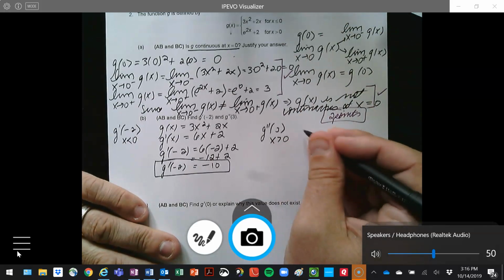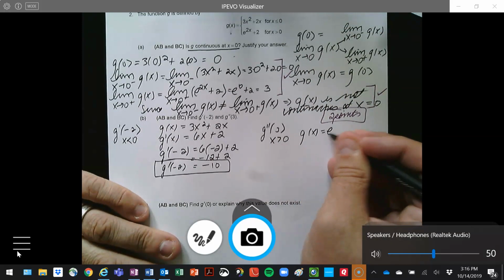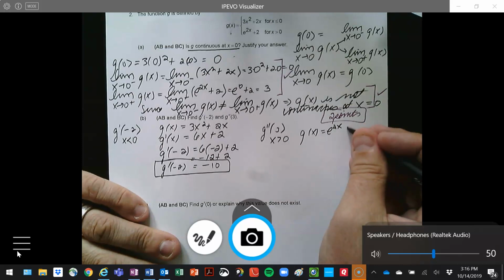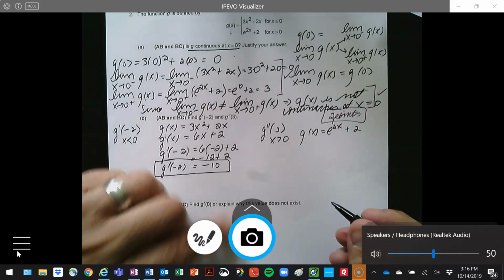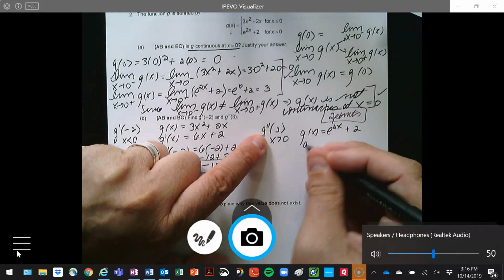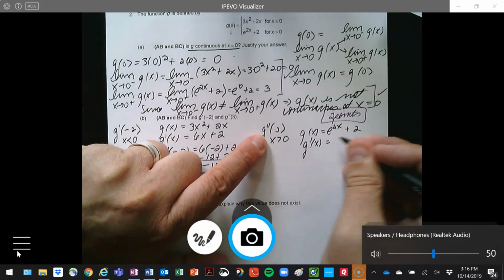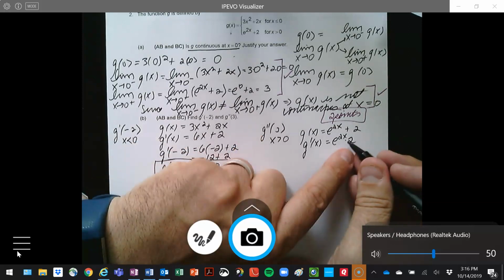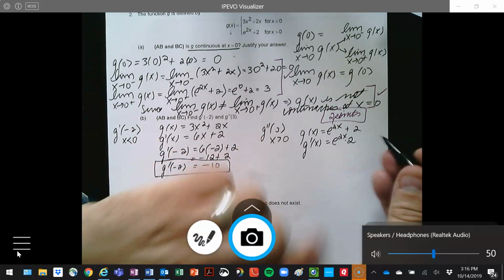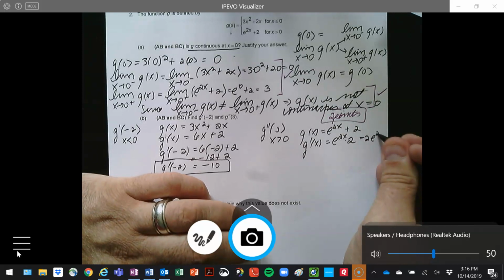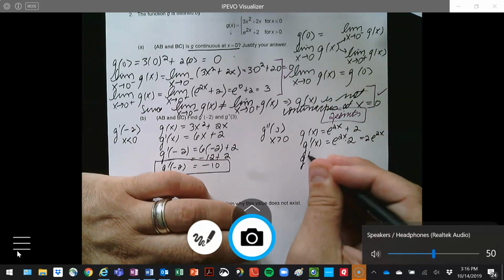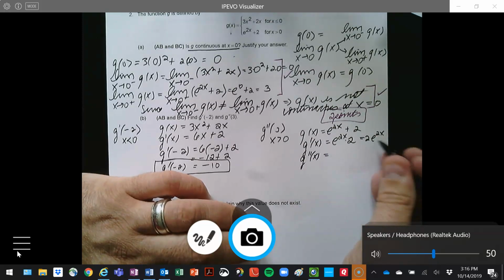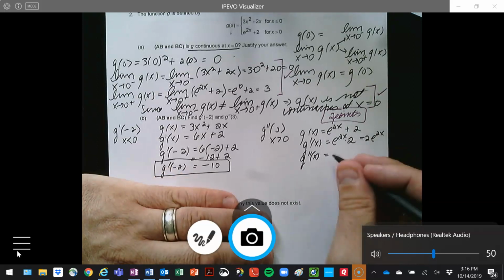So I know that for x greater than 0, g of x is e to the 2x plus 2. I need to find the second derivative. So I find g prime, that'll be e to the 2x times 2. That's because of a chain rule. I'll rewrite this as 2e to the 2x. G double prime, take the derivative of the derivative.